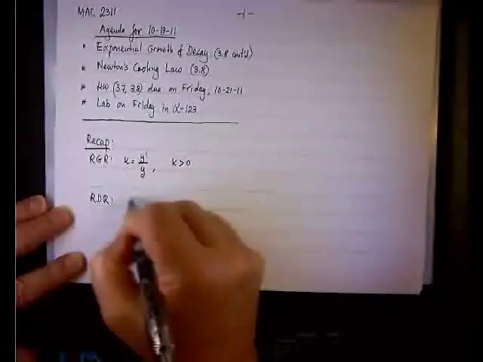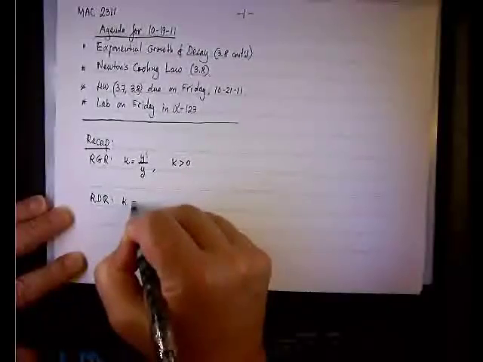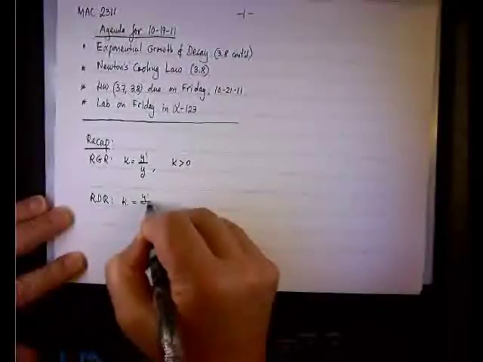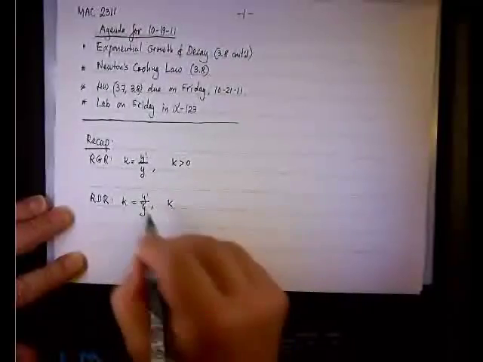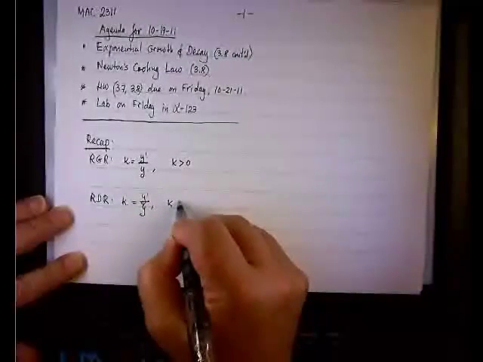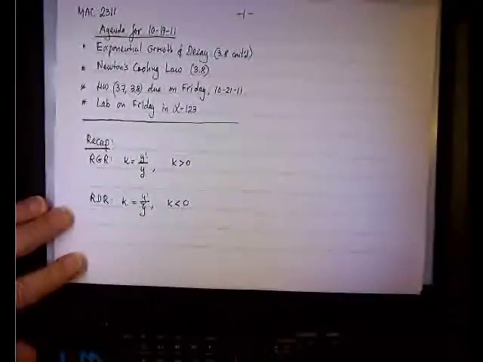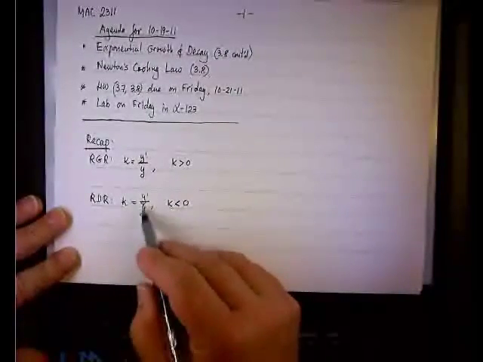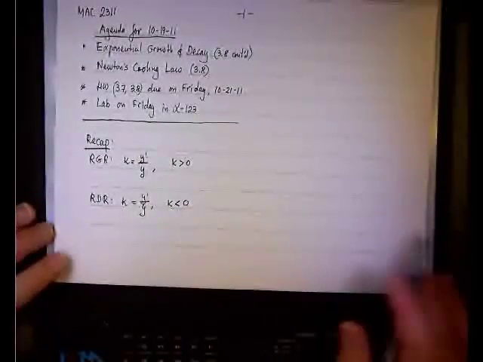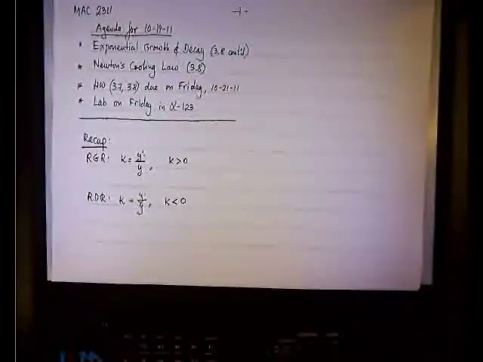Likewise RDR, the relative decay rate, will be the same expression y prime over y, with the exception that the rate of change y prime is negative, therefore the ratio between the rate of change and the function is negative, I should say. Therefore we have decay.